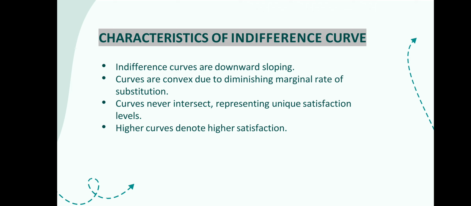Next, indifference curves never intersect, as each represents a unique satisfaction level. Next, higher curves denote a higher level of satisfaction. So these 4 points are very important for the indifference curve.